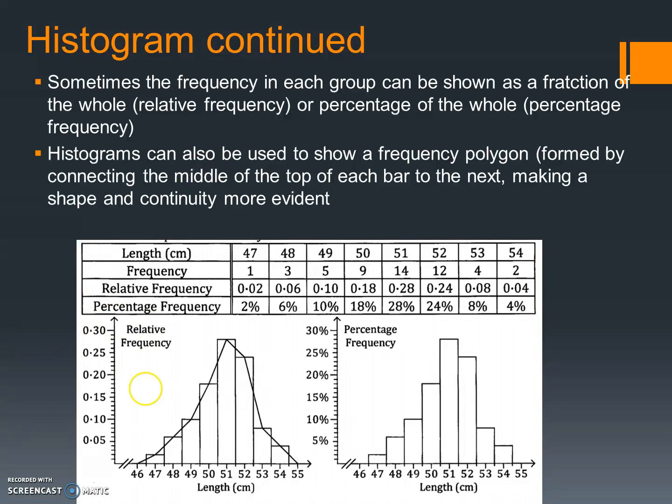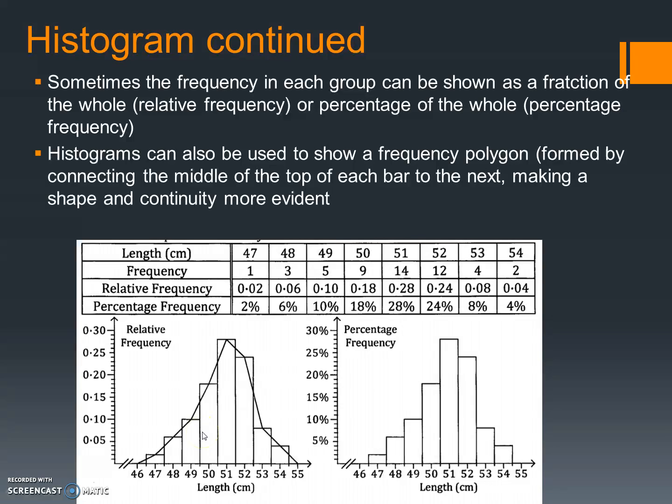Histograms can also be used to show a frequency polygon. So this one on the left is showing relative frequency. We've taken all these relative frequency values and our lengths and plotted them that way, and then our percentage frequency.